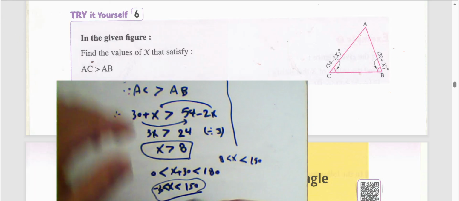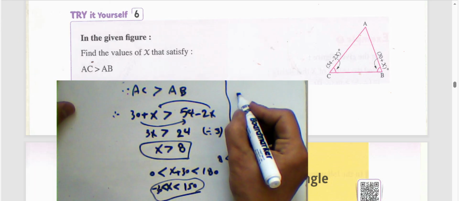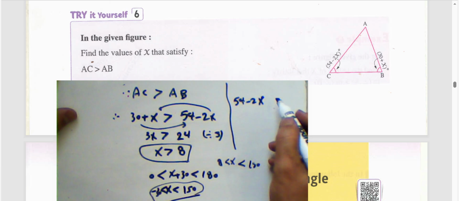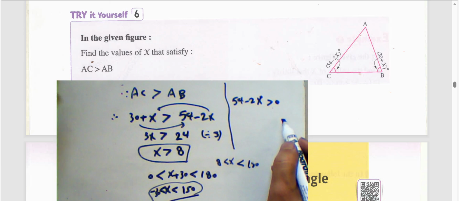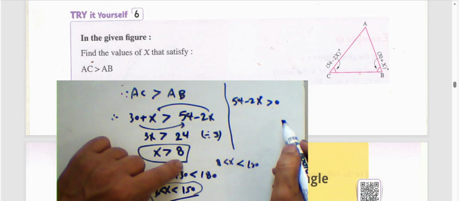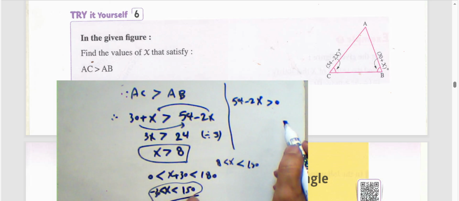We have also 54 subtract by 2x. This angle must be greater than 0. Then x greater than 8 and less than 150.